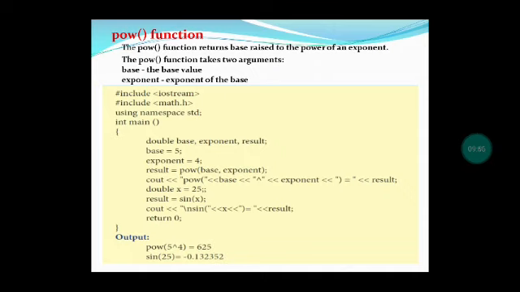For 5 to the power 4 we are getting the answer 625. And the sine function has been used here. Double x equal to 25, sine of x, that is sine of 25. The value will be minus 0.132352. Finally, we are getting the result for the power function and also the sine function.